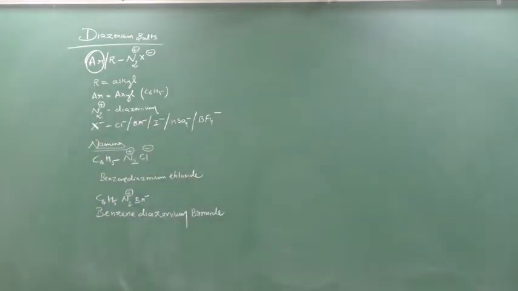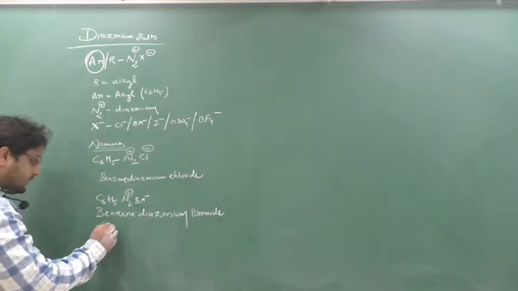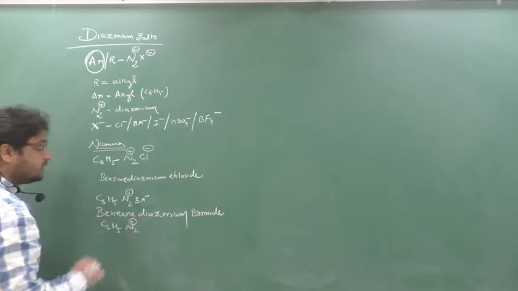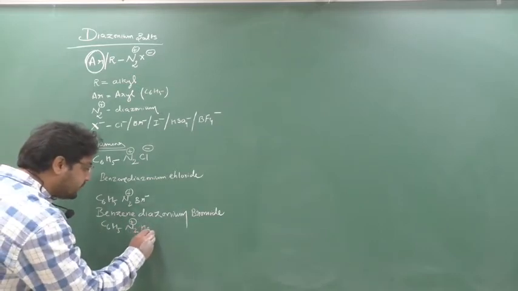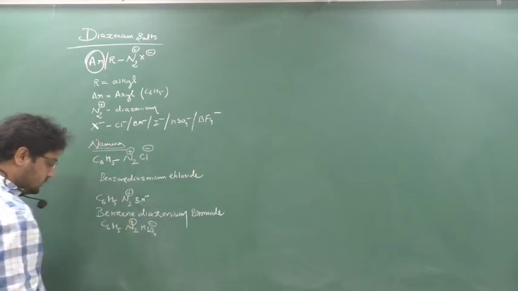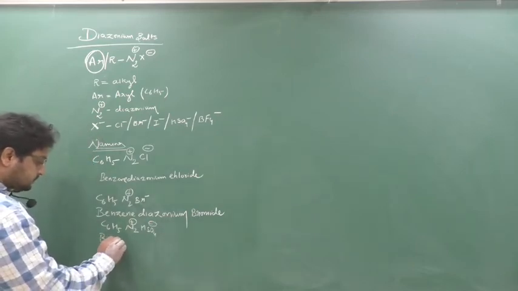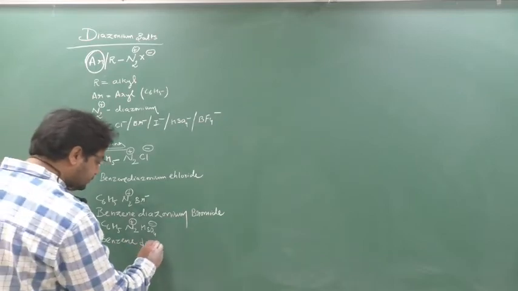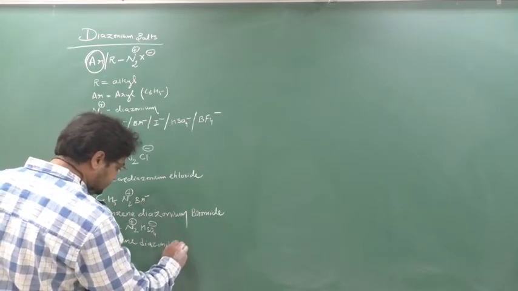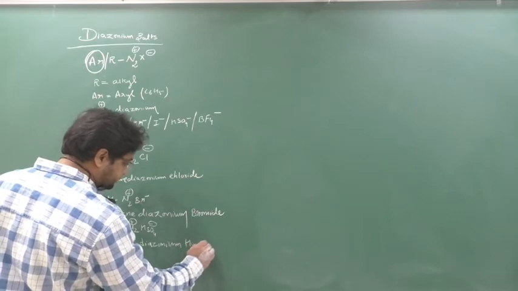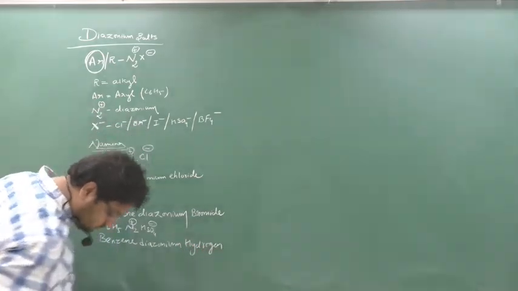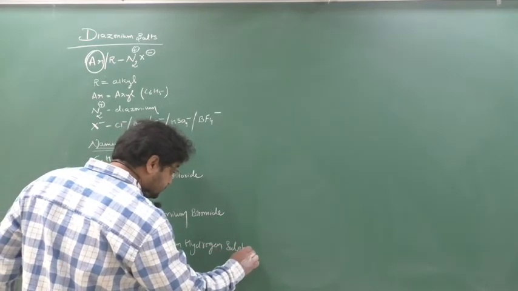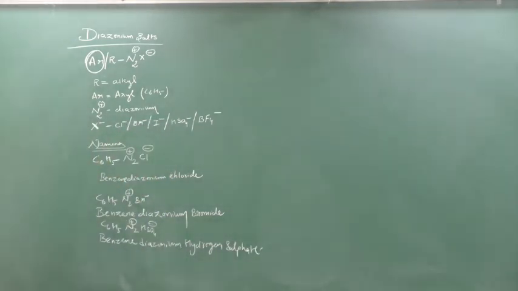Clear? Or lastly, C6H5 N2 here plus and HSO4 minus here. So benzene, what we will call diazonium hydrogen sulfate. Clear? Write this down.